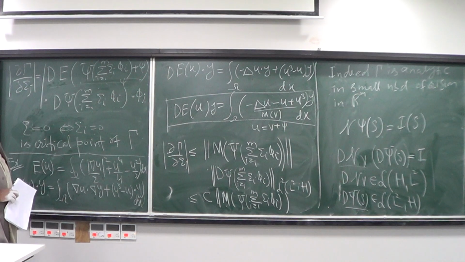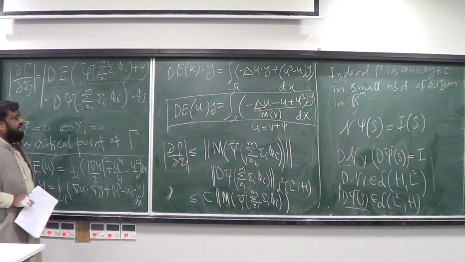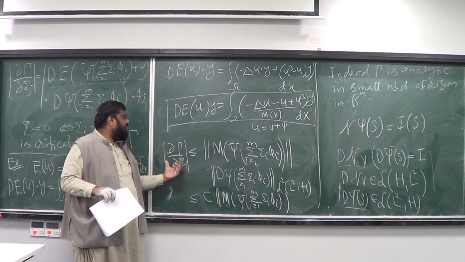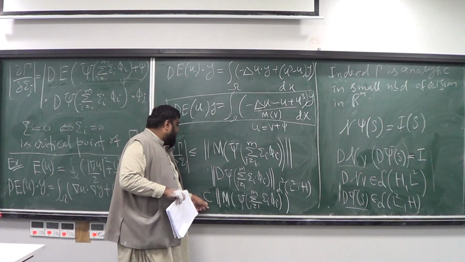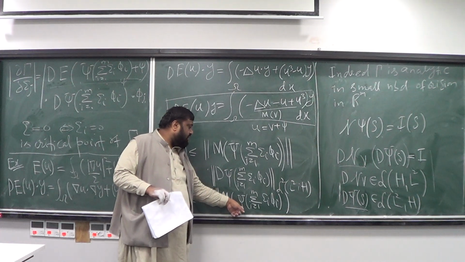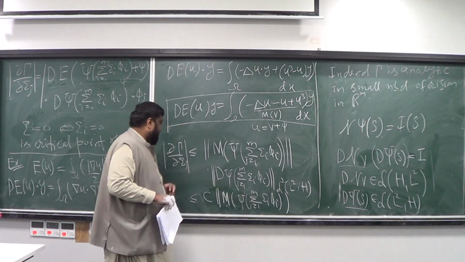So what follows from here is that the partial derivative with respect to xi j can be estimated by C times the norm of this expression.